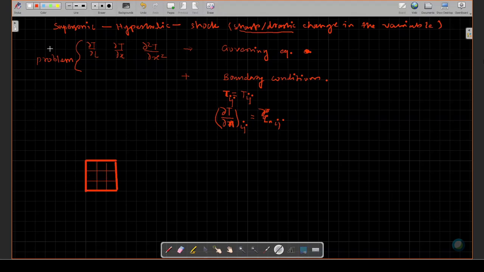So how many grid points are there in this system? In this system, we have grid points 1, 2, 3, 4 in the J direction and 4 in the I direction. So it is a 4 by 4 system. How many equations will there be?